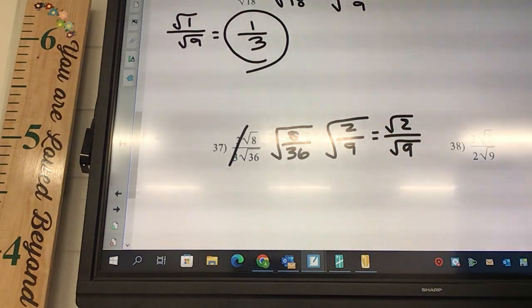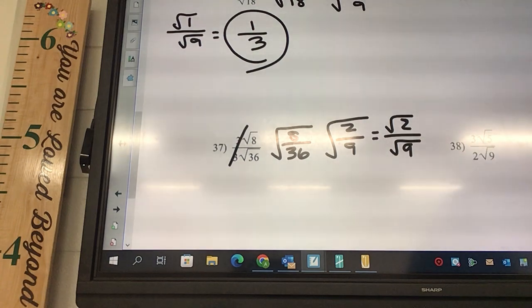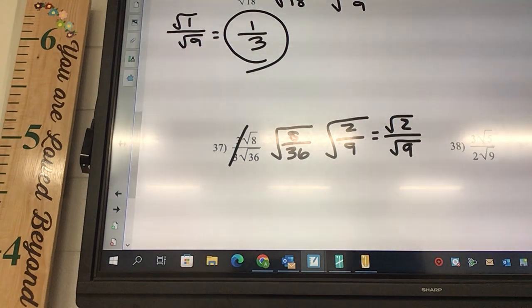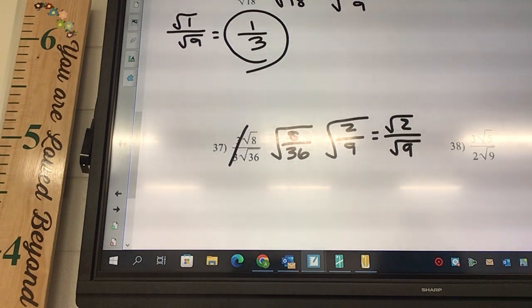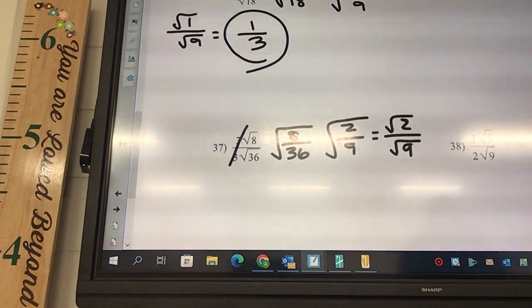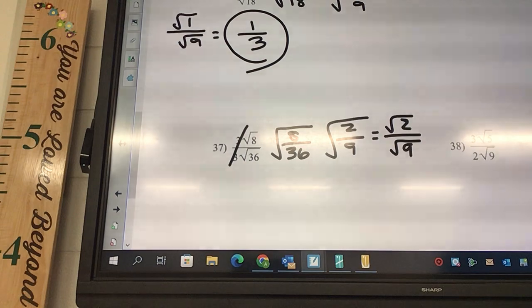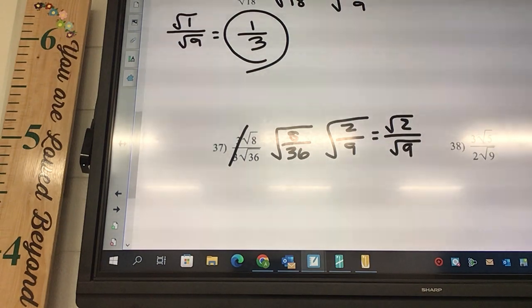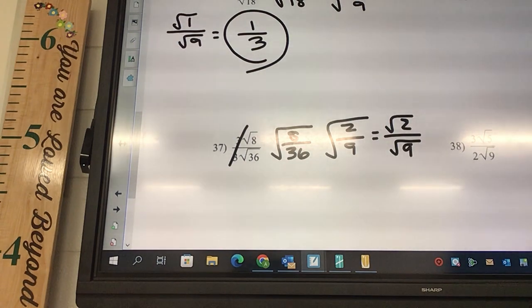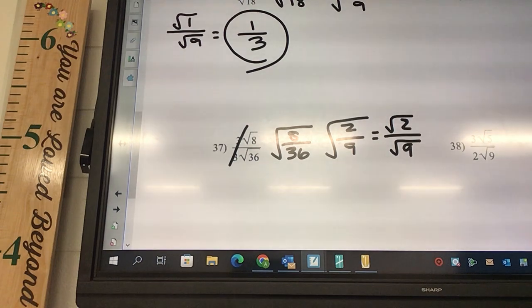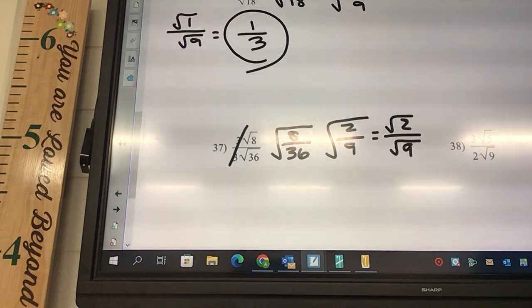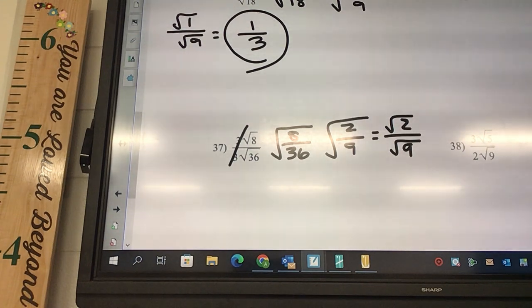Well, what is the square root of 2? Type in the square root button. It says square root of 2, it does not say 2.